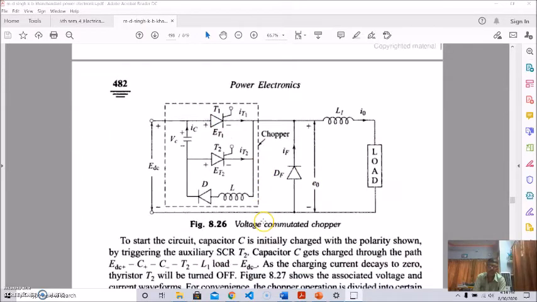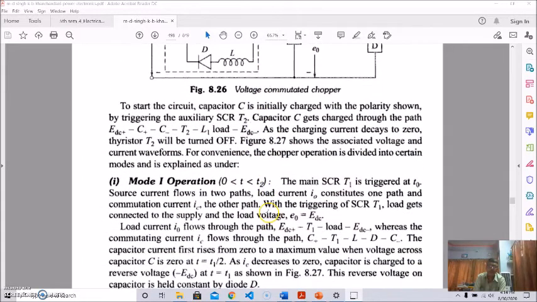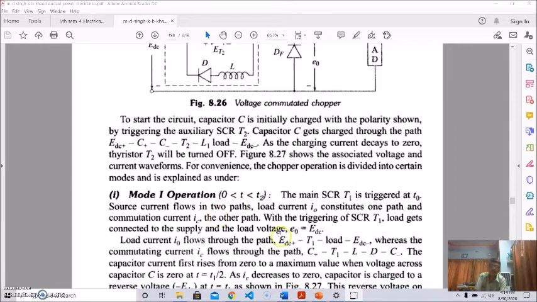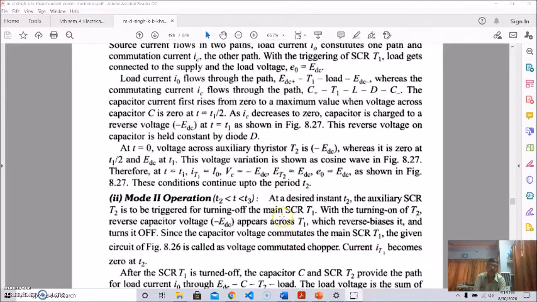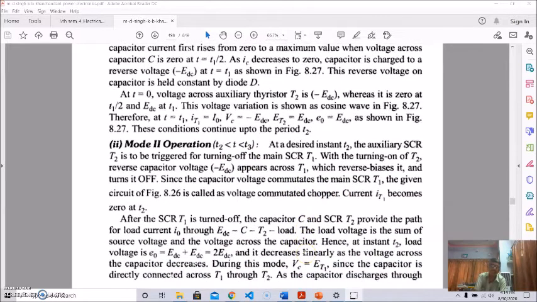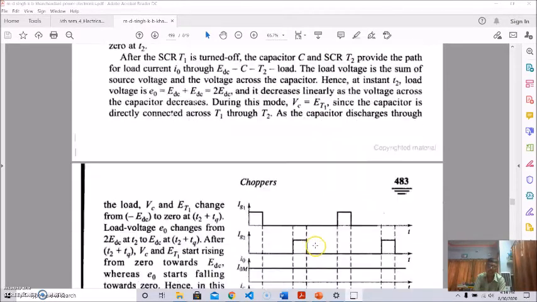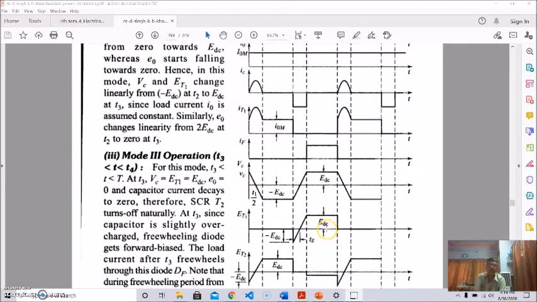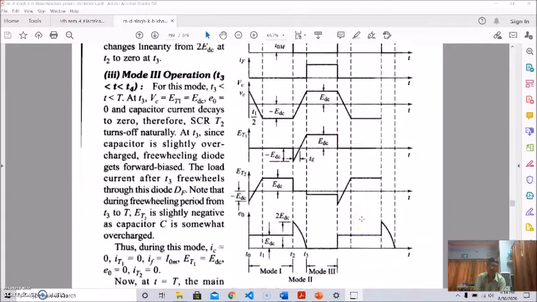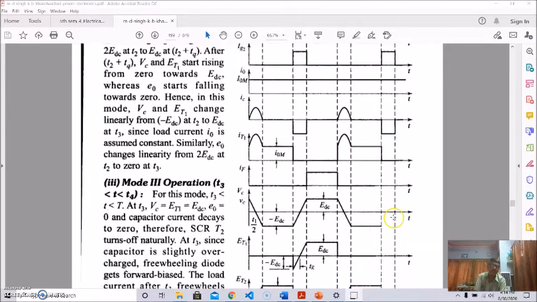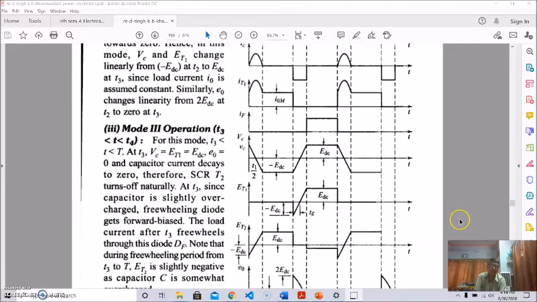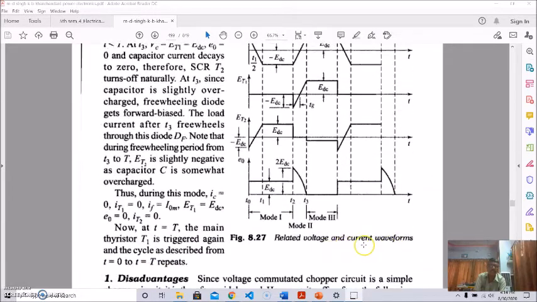This is the freewheeling diode. In mode 1 operation, from time 0 to T2, the operational procedure has been discussed. Mode 2, from T2 to T3, its operation and different waveforms are also discussed, and lastly mode 3, from T3 to T4, is also discussed. This will be clear from the circuit diagram as well as the related voltage and current waveforms.